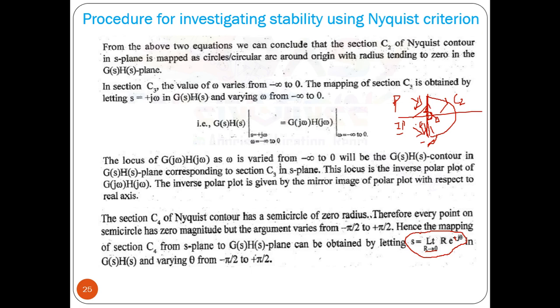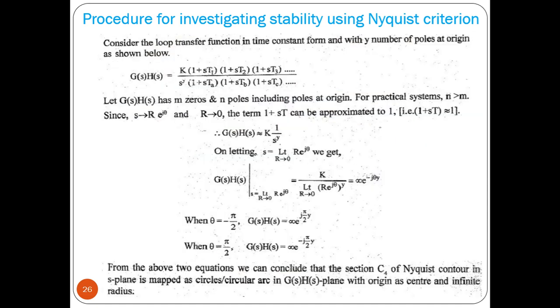Here it is 0, and we go from minus 90 to plus 90, whereas C2 goes from plus 90 to minus 90. That is the direction we have to take care of. We go in the clockwise direction.